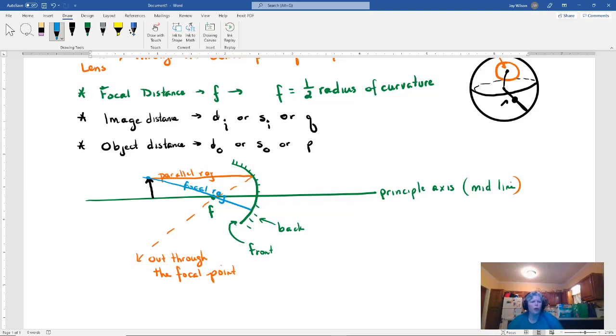Now this focal ray always reflects back parallel to the principal axis. So it goes out parallel to the principal axis.